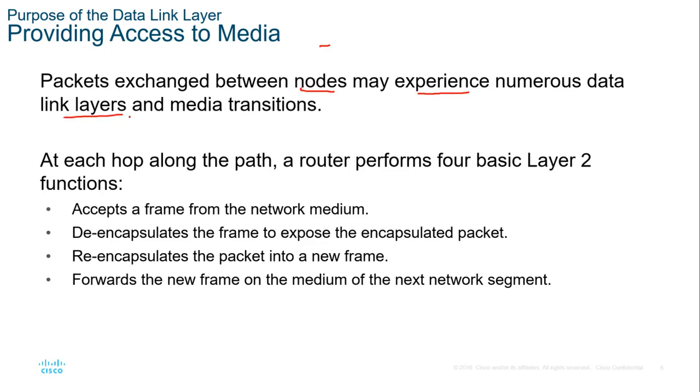Every time a node receives a packet, it has to go through the link layer, a different link layer, and a media transition. From point to point, there is always a network media. It's not a must that they be the same, so packets can traverse numerous data link layers and media transitions.